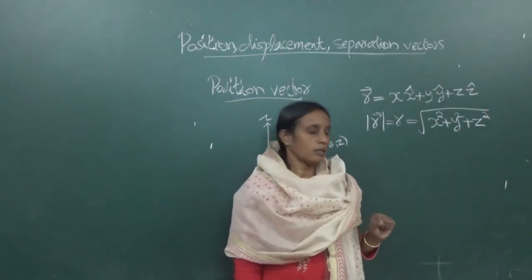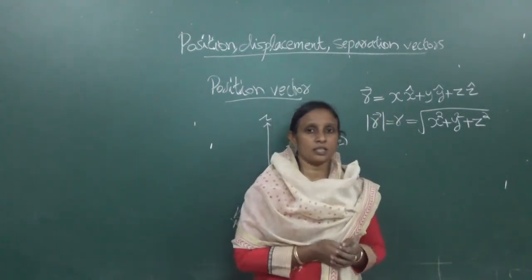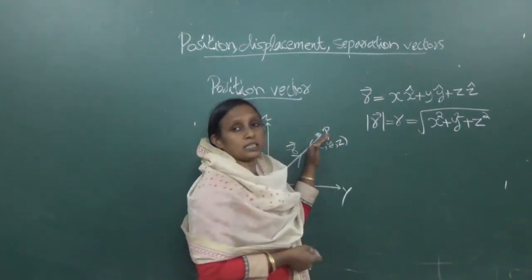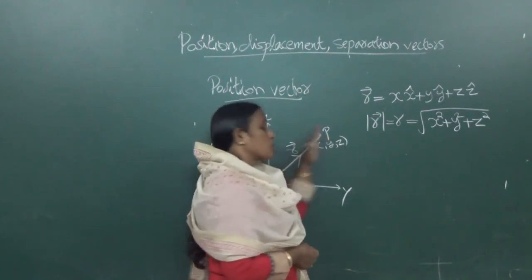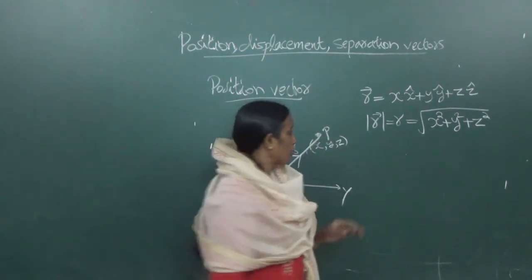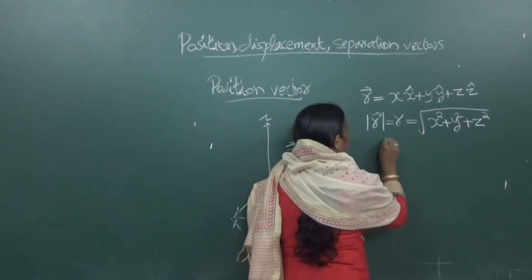Now what about the unit vector along the position vector? How can we get it? Let it be R cap.